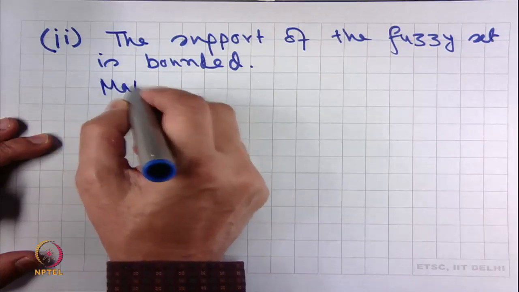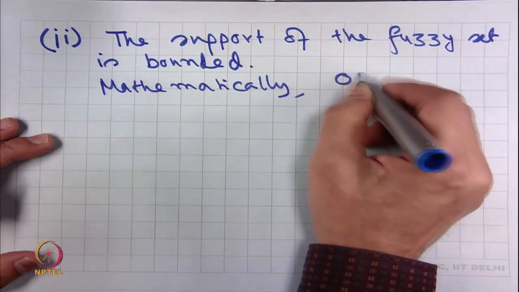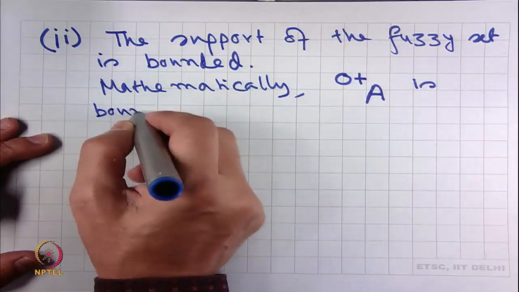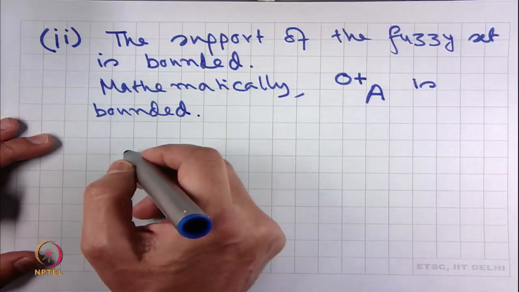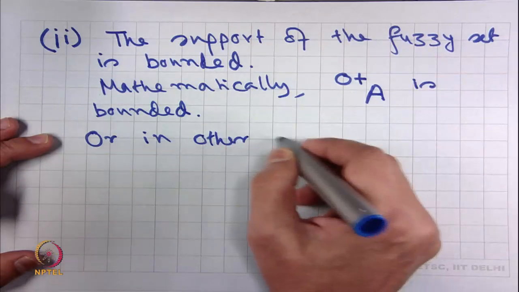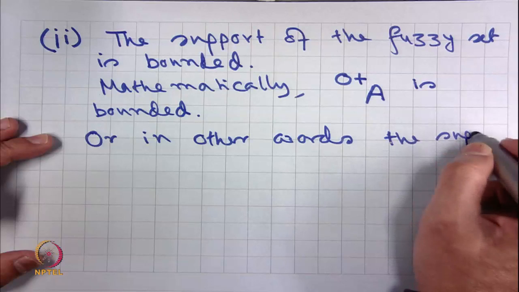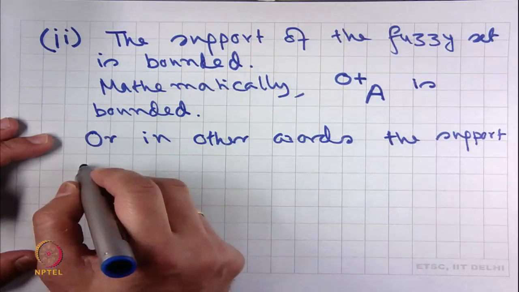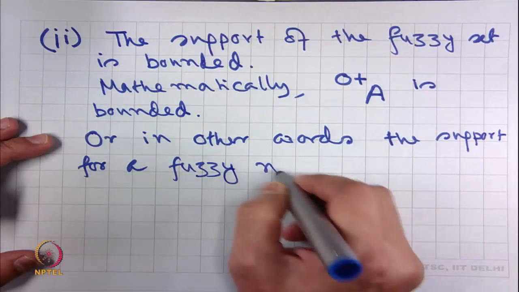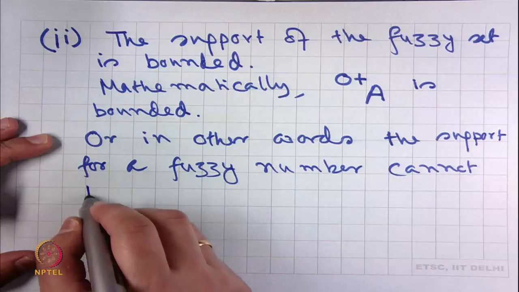Mathematically, zero plus of A is bounded, or in other words, the support for a fuzzy number cannot be infinite.